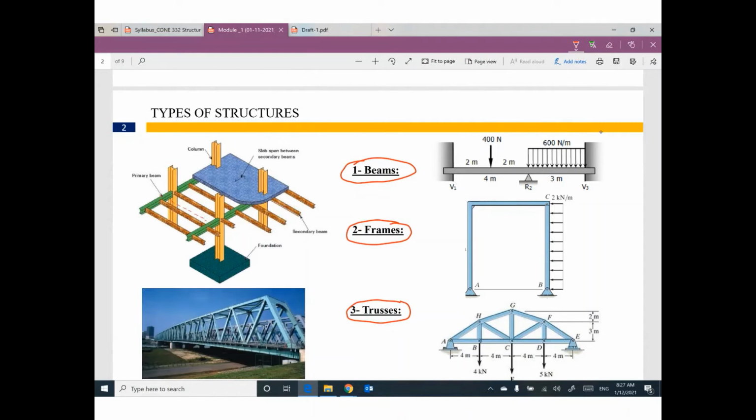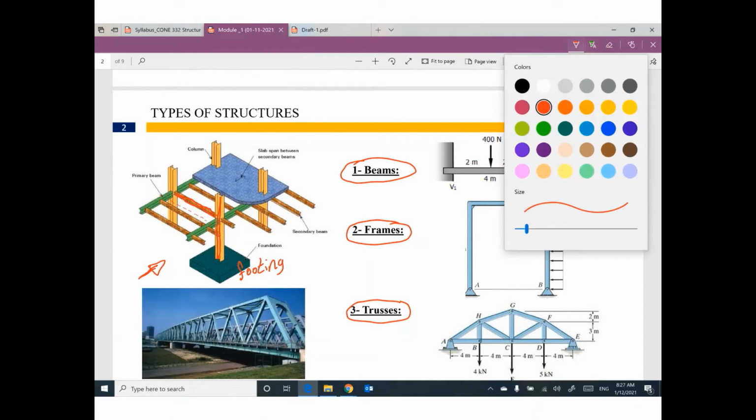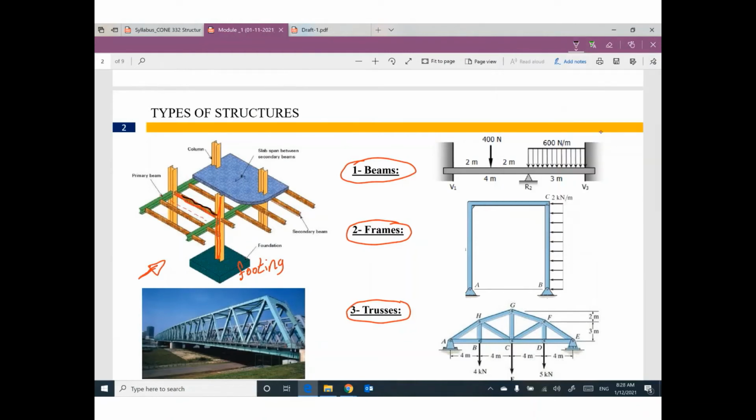If you have a building like this one, we have footing, foundation, columns, and beams. If you consider this beam alone, it looks like this one.